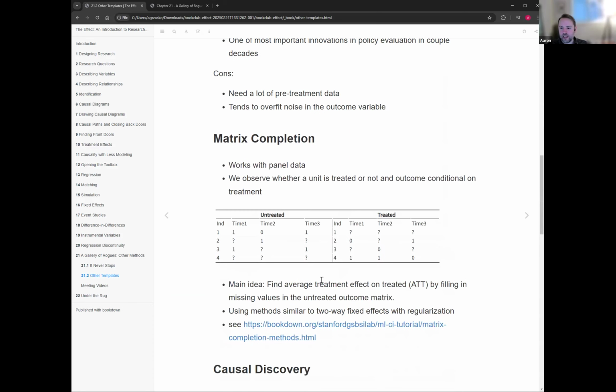Okay, I have a very brief overview on matrix completion. Anyone heard of this method? It seems like one of the canonical papers on this just came out within the last 5 years. If you've ever studied recommender systems, there's something called collaborative filtering, where you think of Netflix making recommendations for movies.